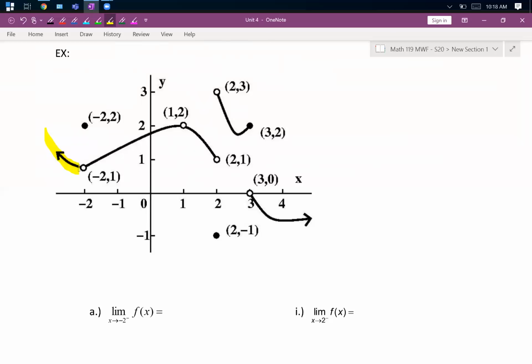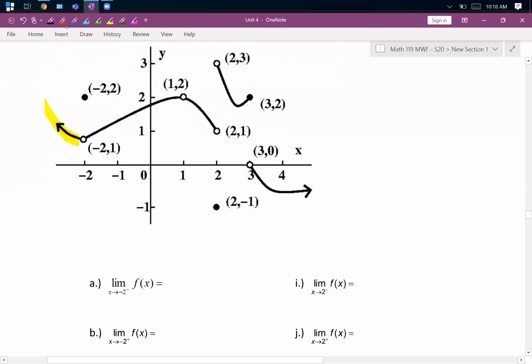So what y value are we getting close to there? Anybody? Don't make it hard. I'm getting close to this point right here, and the y value for that point is going to be just 1.